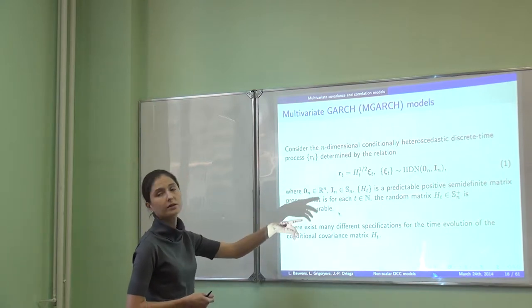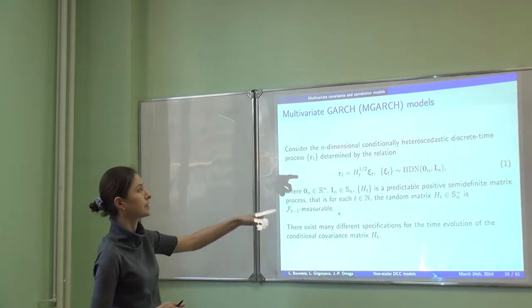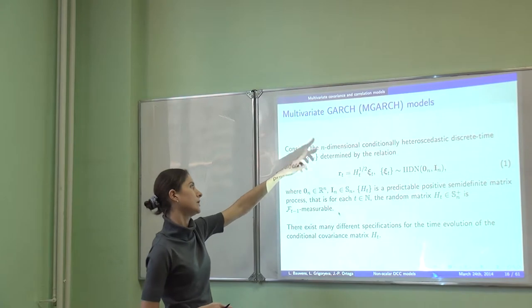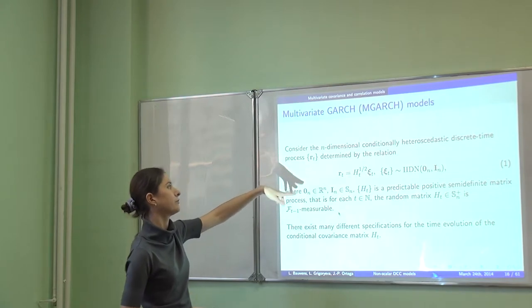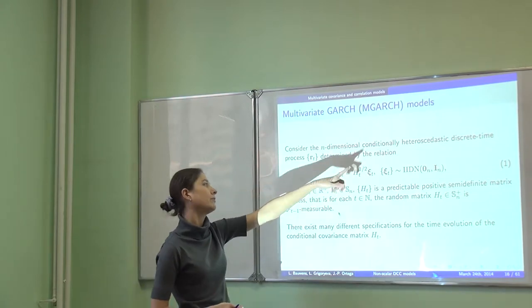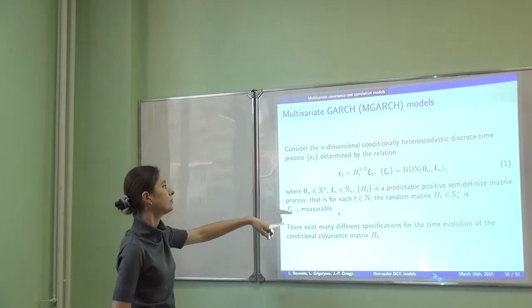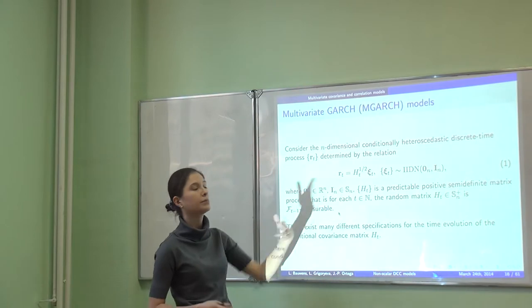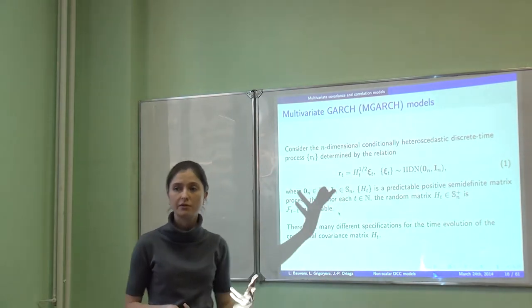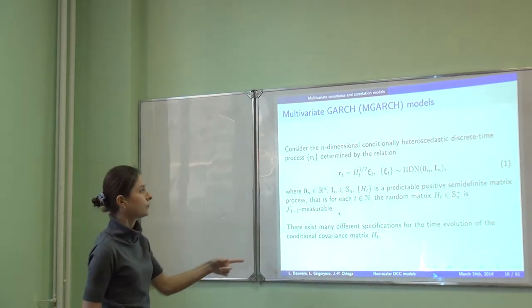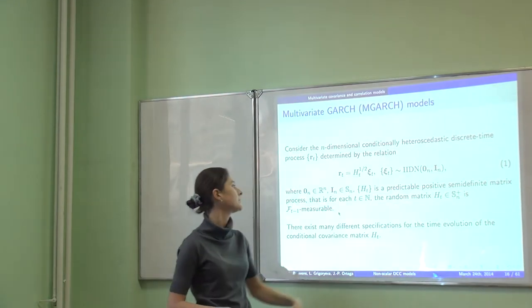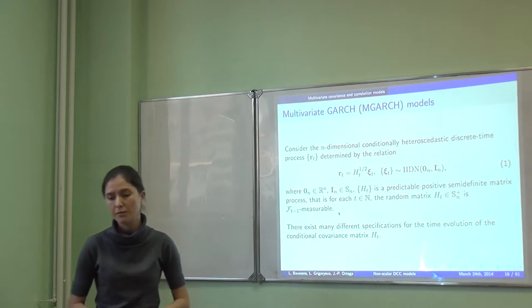We are working with an n-dimensional conditionally heteroskedastic discrete time process R_t, which will denote asset returns. And we have the usual setup, as I just showed you. What we have to keep in mind is that we have H_t, which is a predictable positive semi-definite matrix process, and for each t, the random matrix at this moment of time is F_{t-1}-measurable.